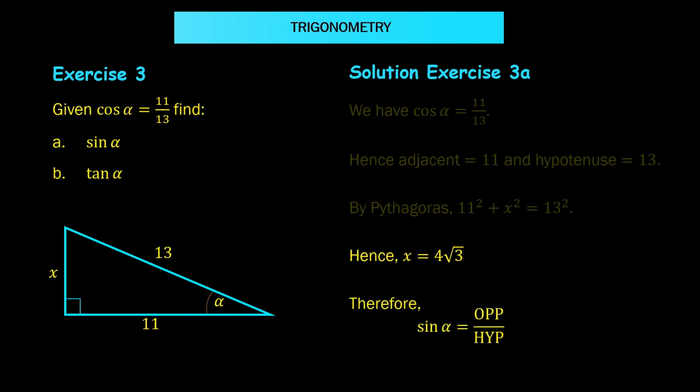Therefore, given that sine alpha equals opposite over hypotenuse, we have that sine alpha equals x divided by 13, which equals 4 root 3 divided by 13.